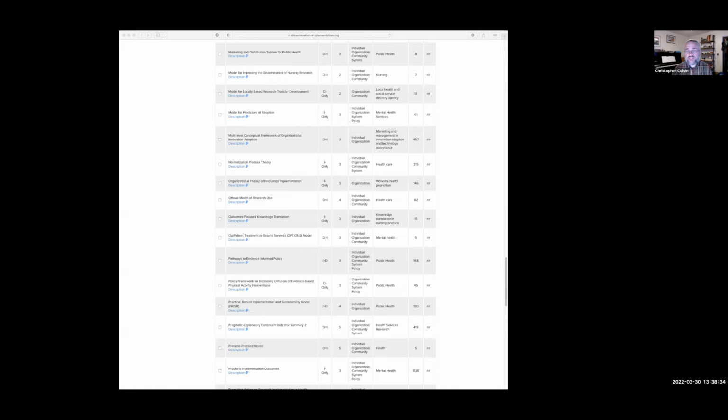Many frameworks contain similar ideas with only minor differences. So if you went back through that list of nearly 100 models, you would find a whole lot of similarities between them. And that's fine. Sometimes these models get branded and become competitive.